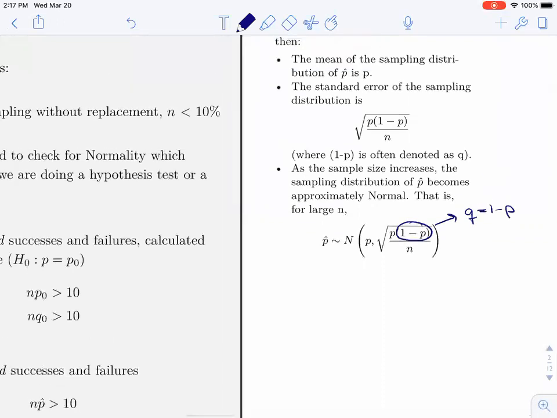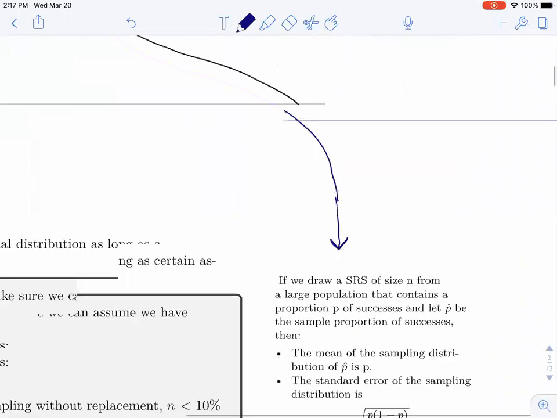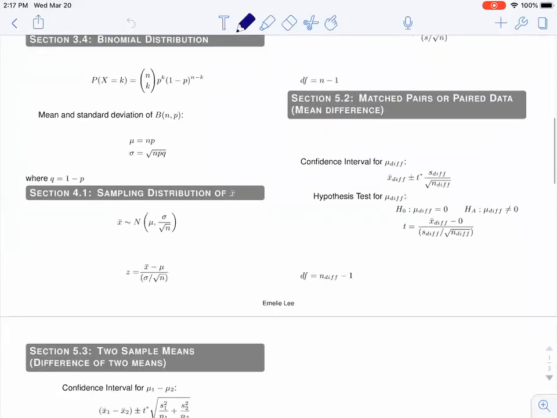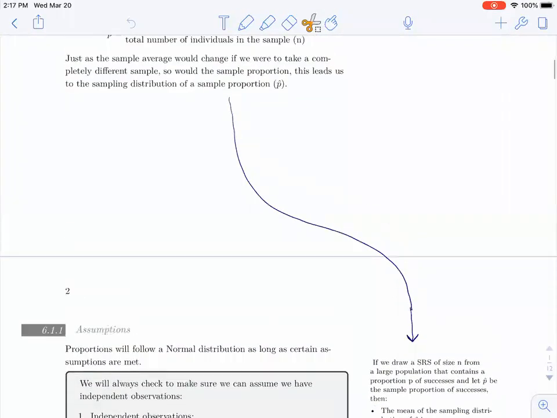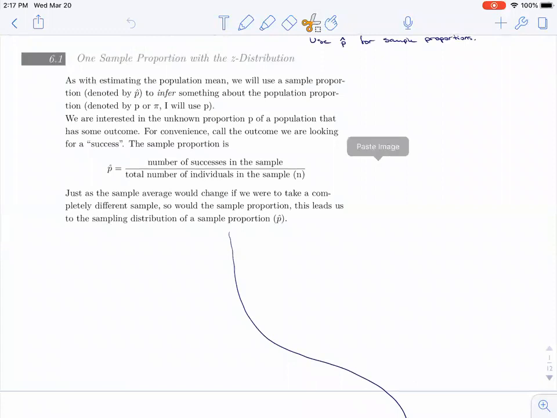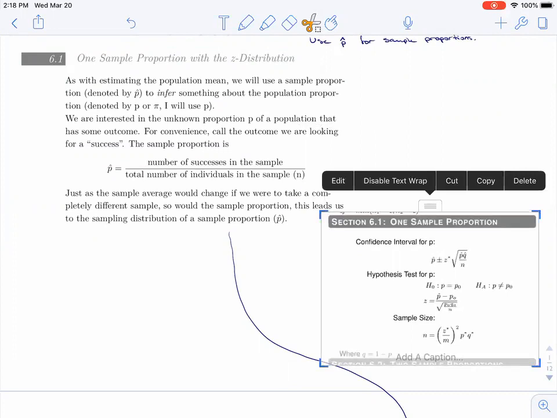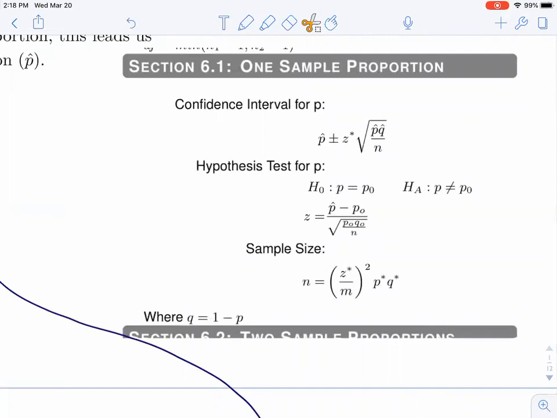So let's have a look at what your formula sheet looks like. So I've got it here. Since you're getting kind of hand-me-downs, it's possible that the order has changed a little bit. Like I think recently I bumped the confidence interval to the top.